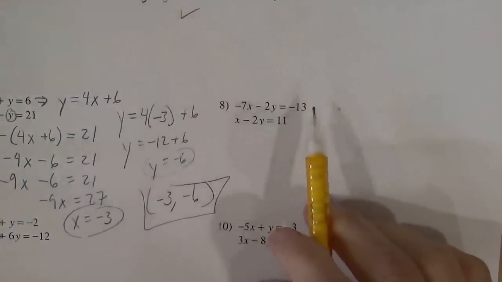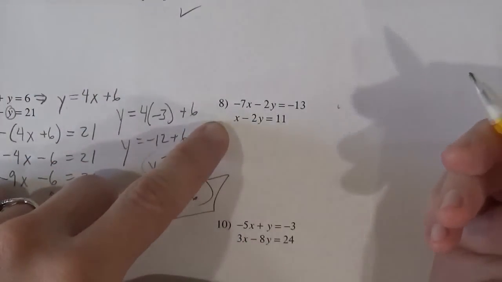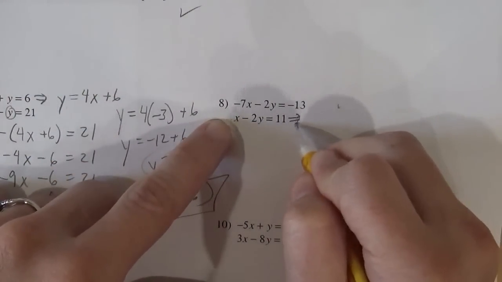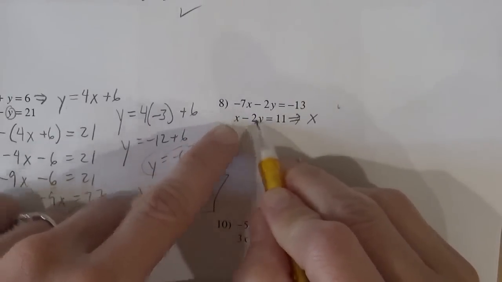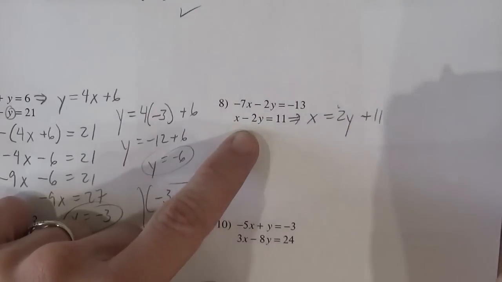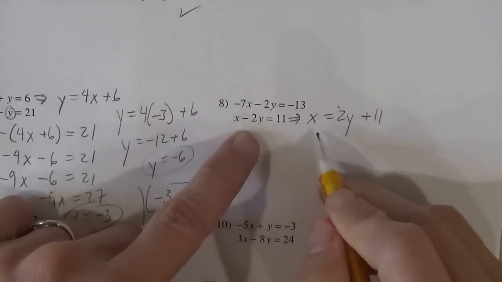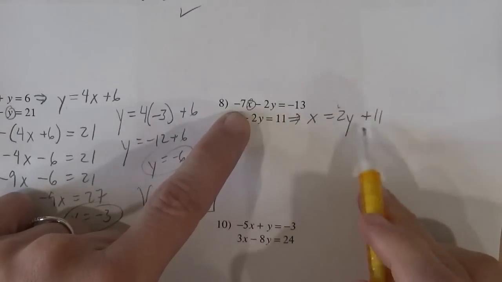In this next one, everything we've done so far has been y equals, but there's no reason why we can't do x equals. This one here, the x is far easier to isolate than the y. So the x will equal 2y plus 11, and then I'll just substitute the x with what it equals.